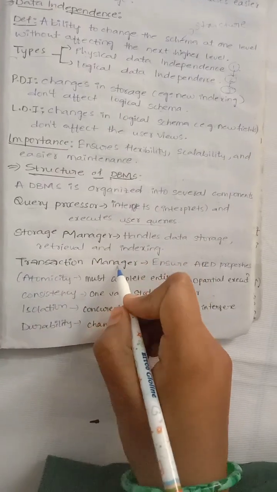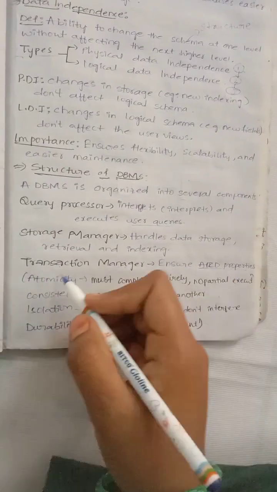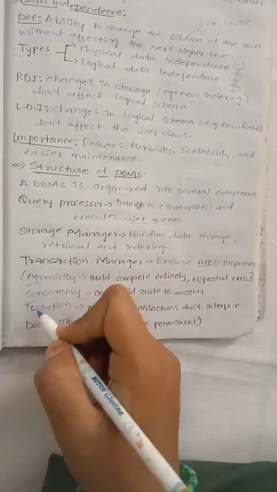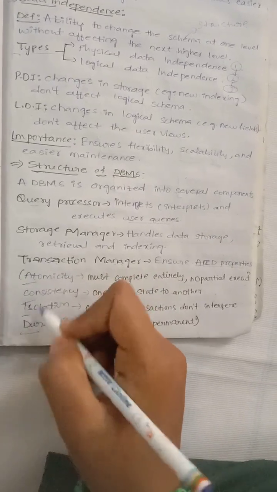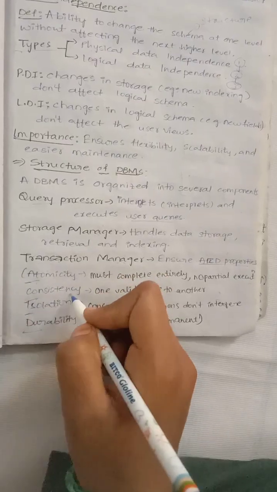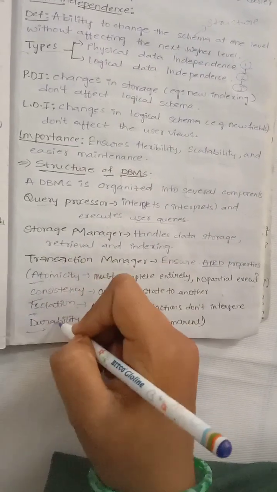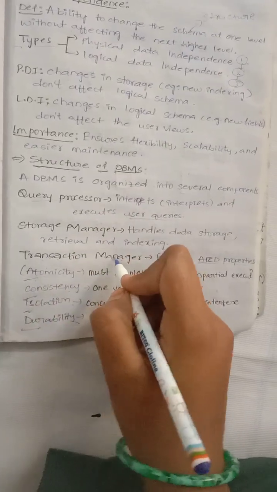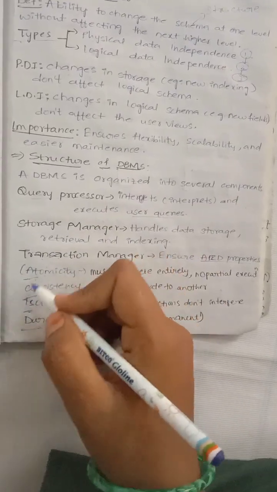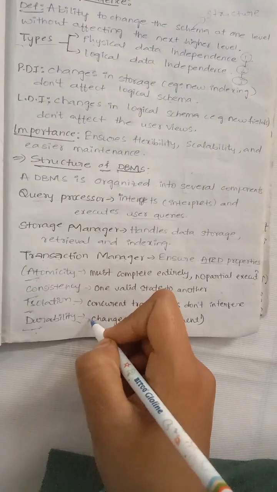Transaction manager includes ACID properties. These are the four properties: atomicity, consistency, isolation, durability. These four concepts are included in the transaction manager. They may ask a long question: explain about ACID properties in detail.